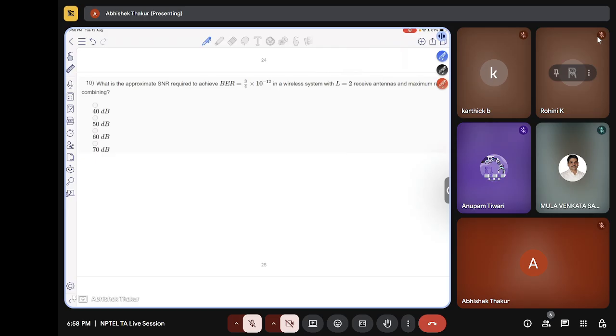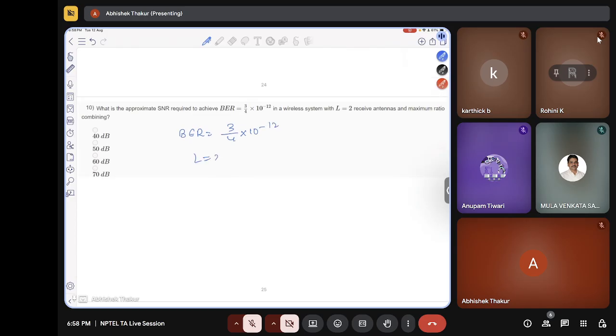Coming to the 10th question: what is the approximate SNR required to achieve a bit error rate of 3/4 times 10 to the power of minus 12 in a wireless system with L equal to 2 receive antennas, with maximum ratio combining.